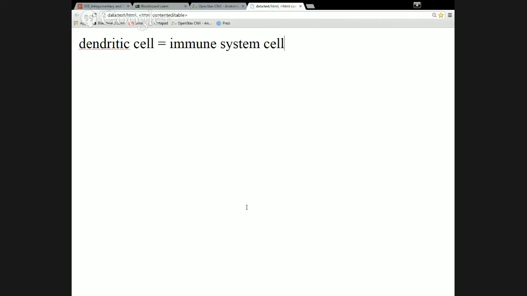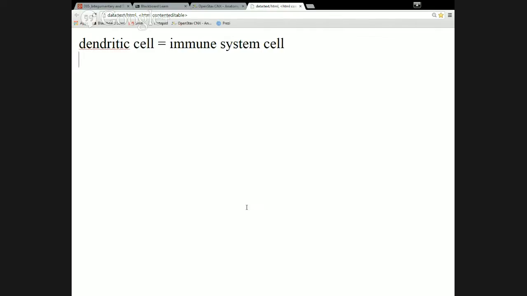They're found in the skin and then in pretty much all mucous membranes also. And the reason why mucous membranes and the skin is that those things are all immunological barriers. And so if something gets across one of those, it's going to infect our body. So dendritic cells are able to prepare our body for that invasion when it first gets in.